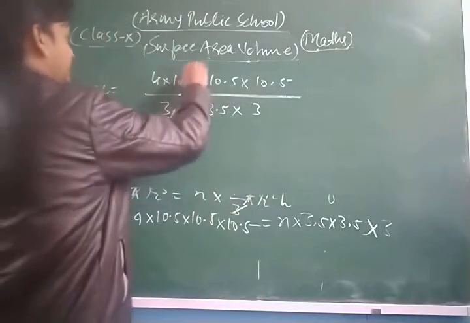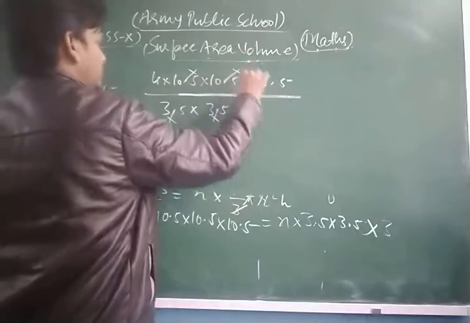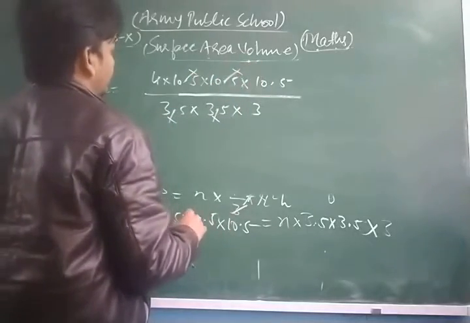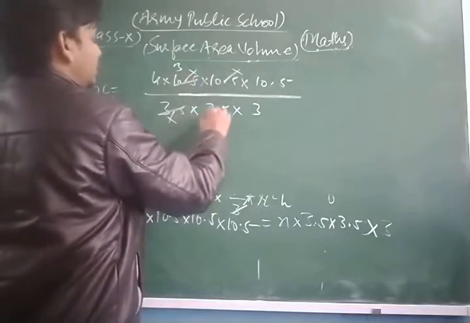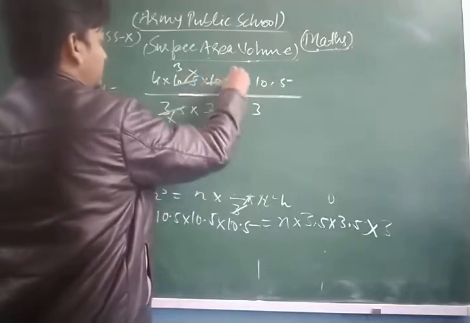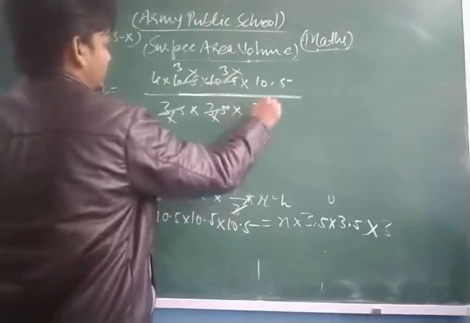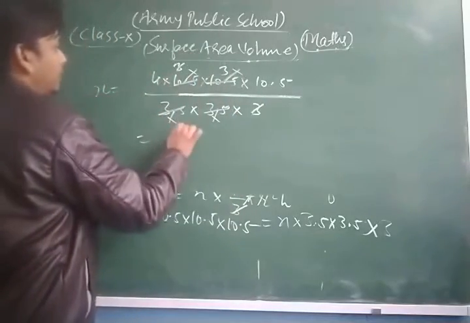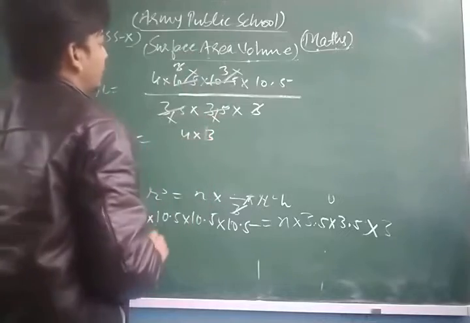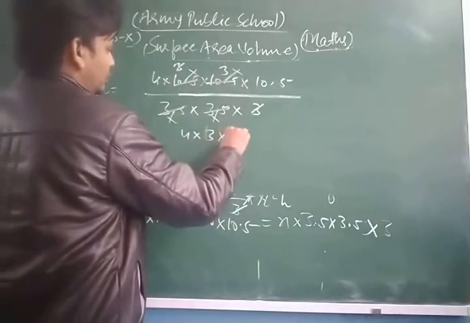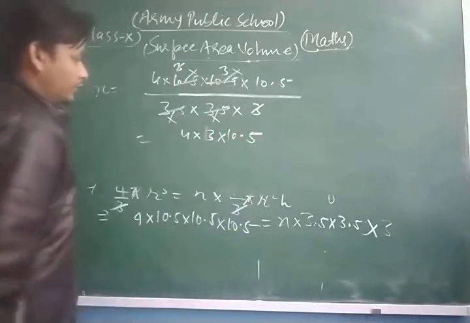Now we simplify them and get our result. The decimals cancel each other, and the 3.5 factors also cancel. Now the 3 cancels, so we get 4 into 3 into 10.5.